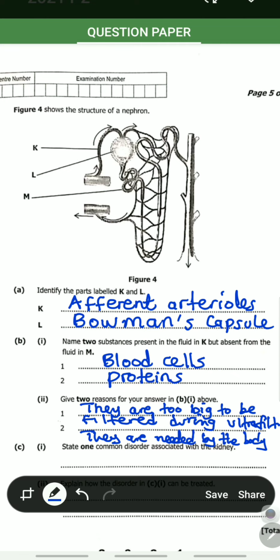They are needed by the body. So the first one, they are too big to be filtered during ultrafiltration. The second one, they are needed by the body.